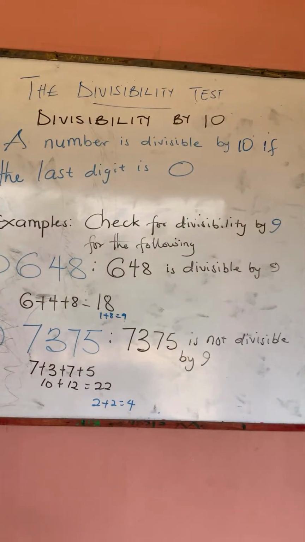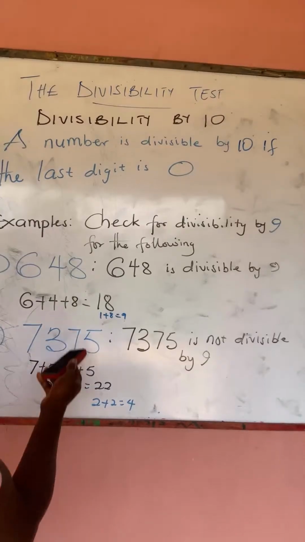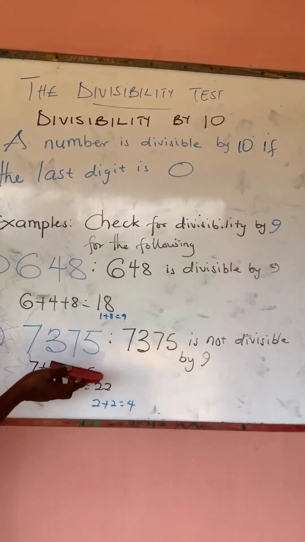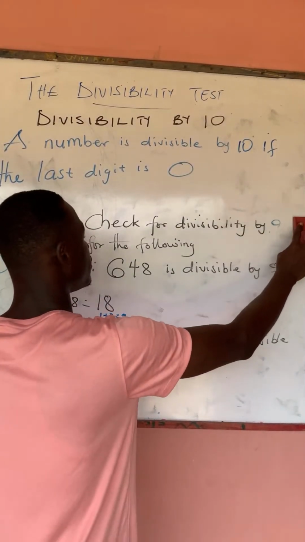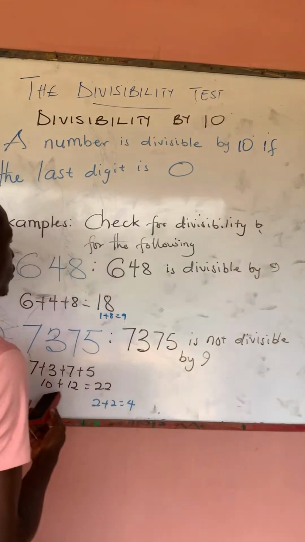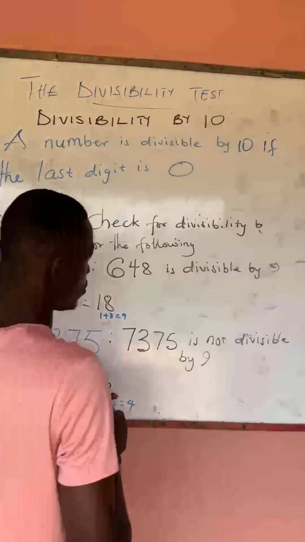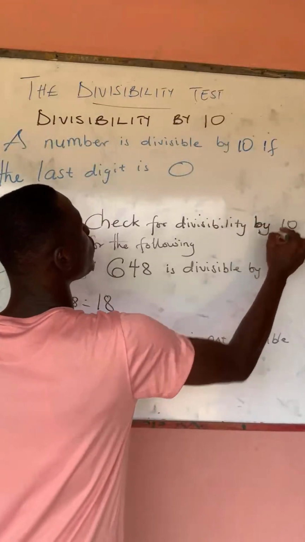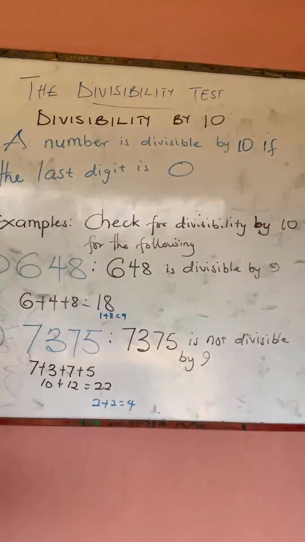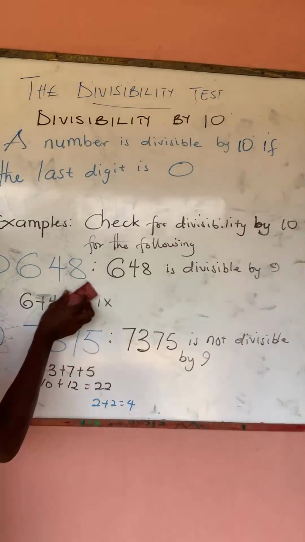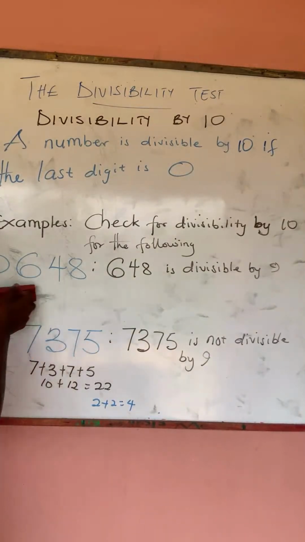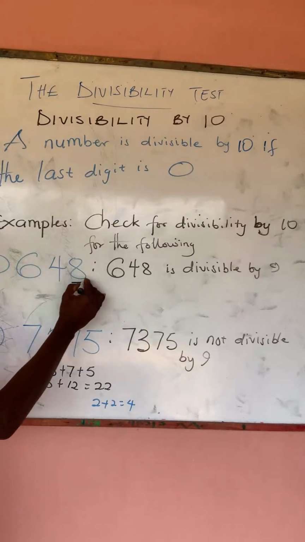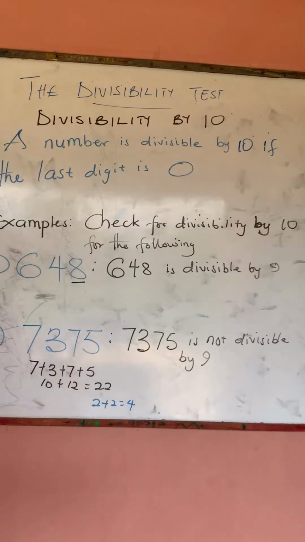Alright, let's take an example. Let's use this same example to check for divisibility by 10. Looking at the last digit over here, the last digit here is 8, and 8 is not 0.